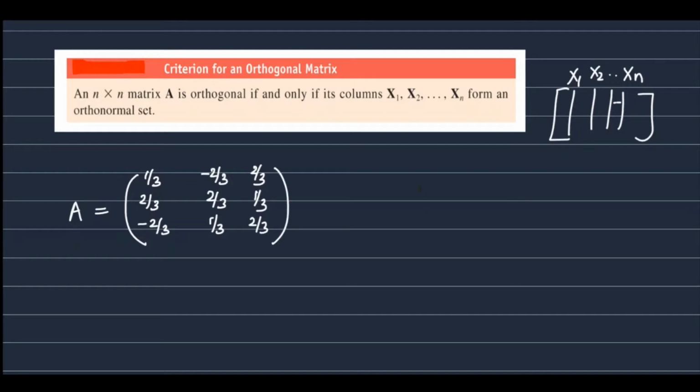In the last lecture, we showed that A transpose A is the identity matrix, so this matrix is orthogonal. Now we will see what about its columns. It has 3 columns. We call the first column x1, the second column x2 and the third column x3. Our aim is to check whether x1, x2 and x3 form an orthonormal set.